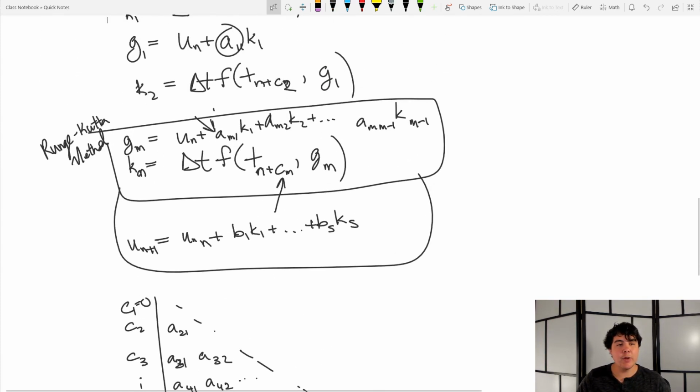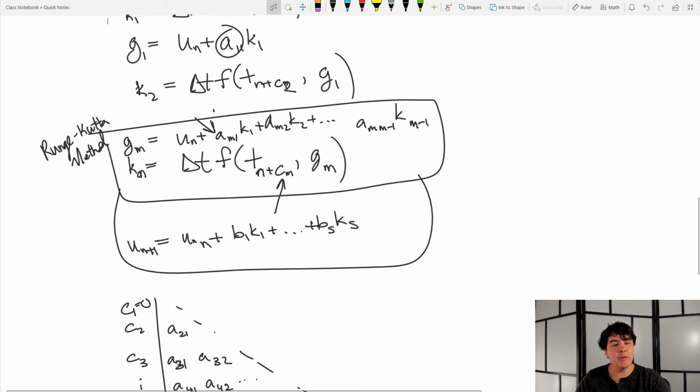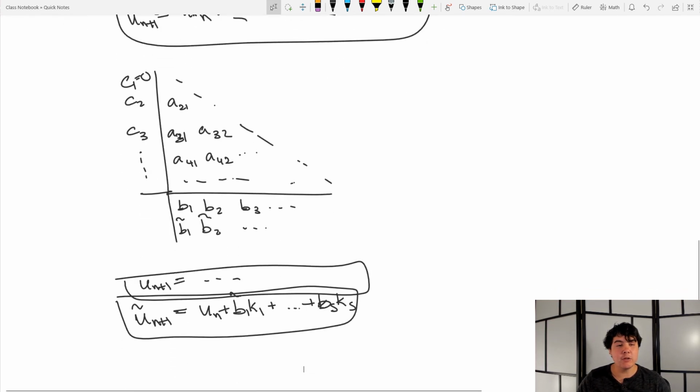A full Runge-Kutta method is just a chaining of calculating f derivatives at different points, computing new values at that point, computing another derivative, and then adding them together with a linear combination. And the choice of the coefficients for these combinations is the Runge-Kutta method that you choose.